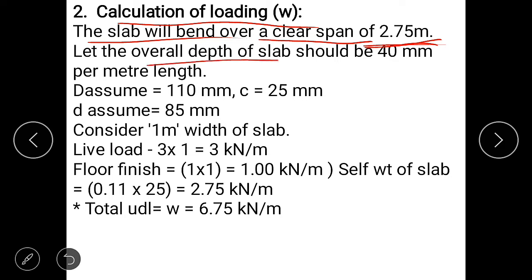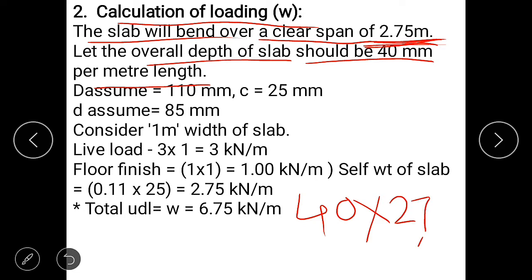Let the overall depth of slab be 40 mm per meter length. So we consider 40 mm per meter, and here the length is 2.75. 40 for per meter means 1 meter, so multiply by 2.75. So 40 into 2.75 is 110.